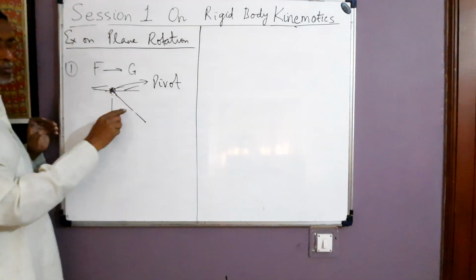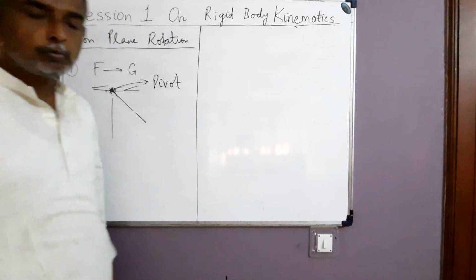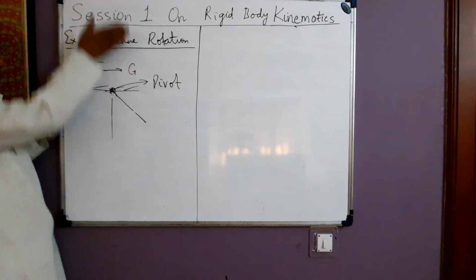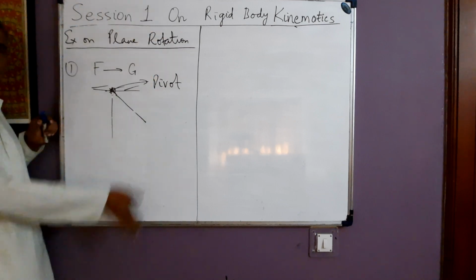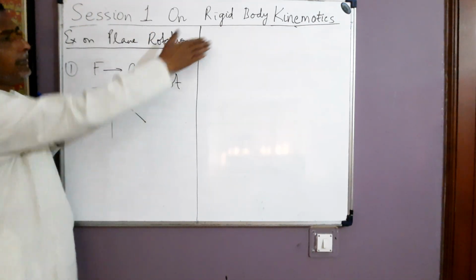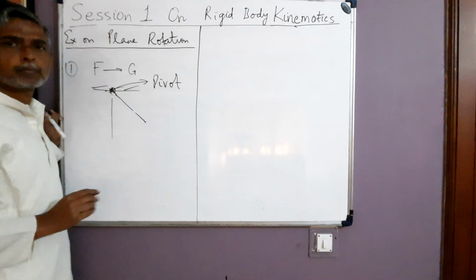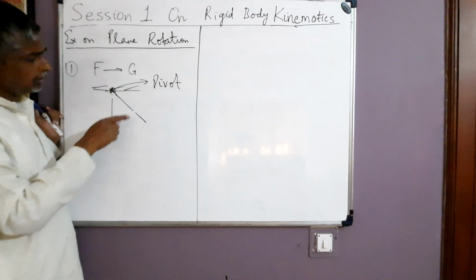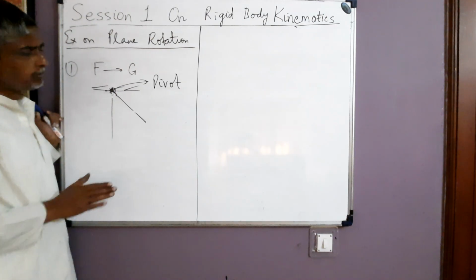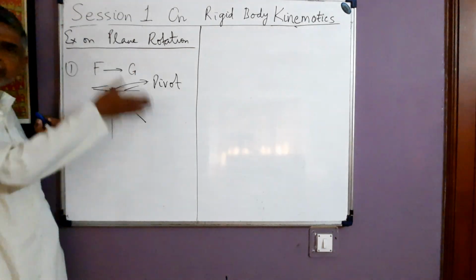So this rod undergoes plane motion with respect to ground. Why? Because all the material points of the rod move in this vertical plane. They move in a family of parallel planes which are parallel to the plane of this board. In fact, all of its material points move in circles whose planes lie in this vertical plane.